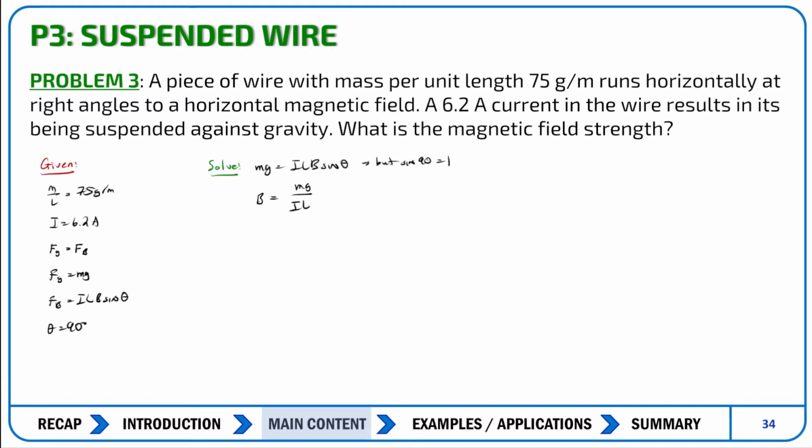Now we know that m over L is given to us already, so we can simplify this to 75 grams per meter times g, 9.81 meters per second squared, divided by I, which is 6.2 amps. And that's going to give us B equals 0.119 Tesla.